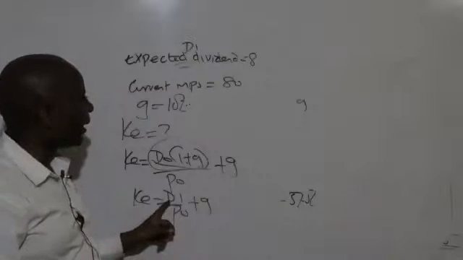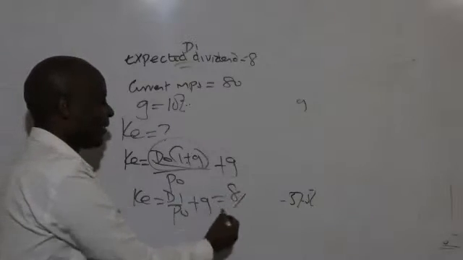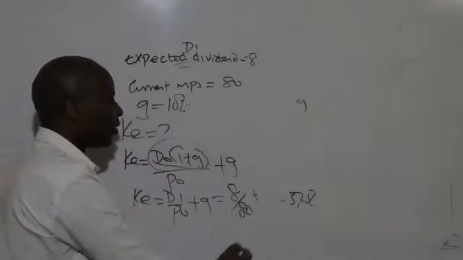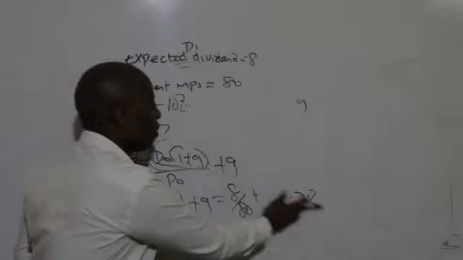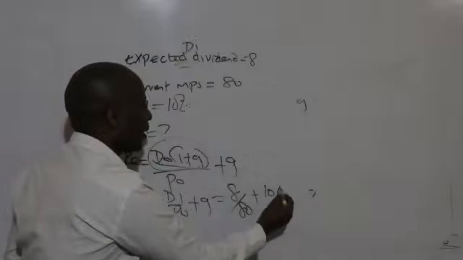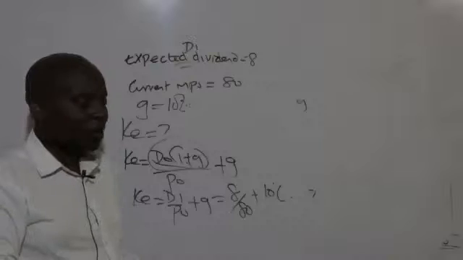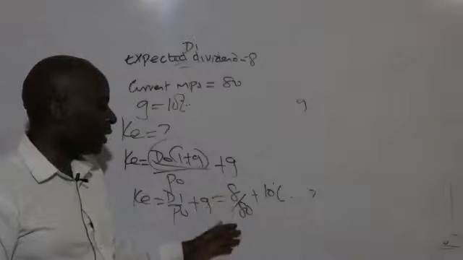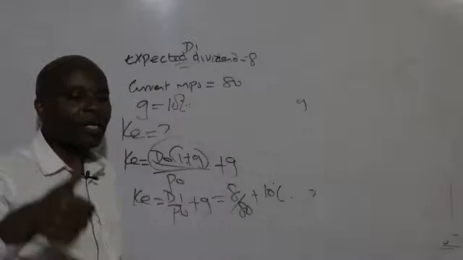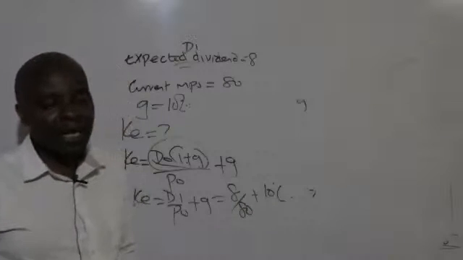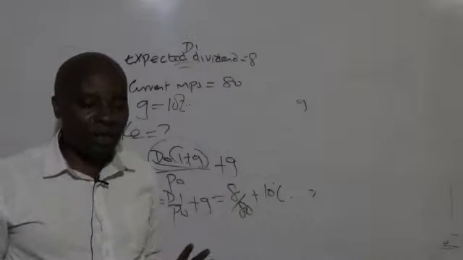So the D1 is 8. P0 is 80. Plus the growth rate, which is 10%, the same as 0.1. So the final answer is 8 over 80, that's 10%, plus 10%. That gives us 20%.